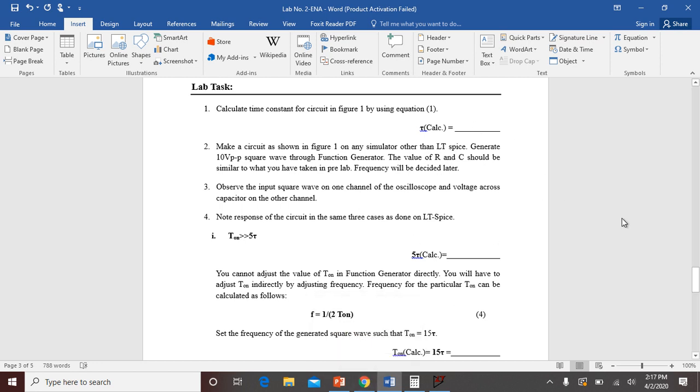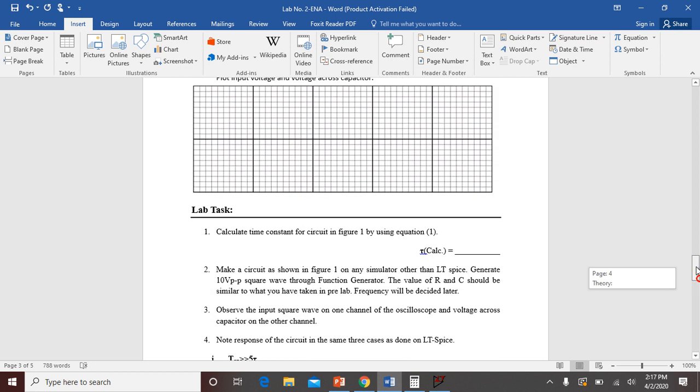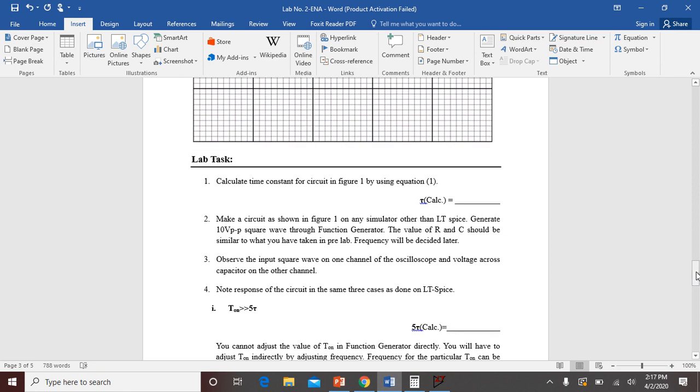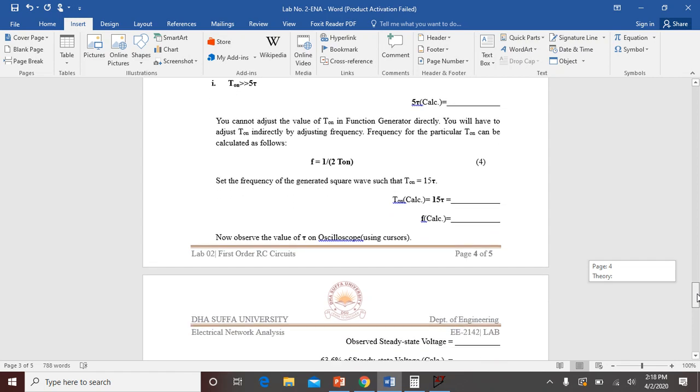The lab task is very similar to the pre-lab task. If you have fully understood what's happening in the pre-lab, then you will be able to easily perform the lab task. But what I want you to do is perform it on another simulator, and compare your results for the lab task and pre-lab task. The steps are the same.